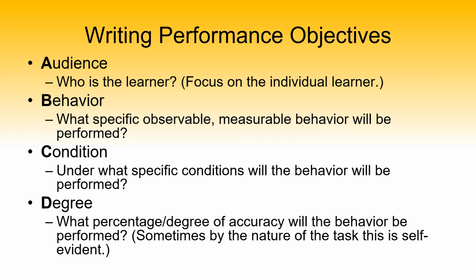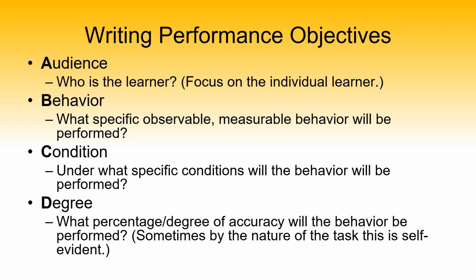One method or template that you could use in writing performance objectives for training would be the ABCD method. A is for audience. Specify who is the learner, and here focus on the individual learner. B is the behavior.